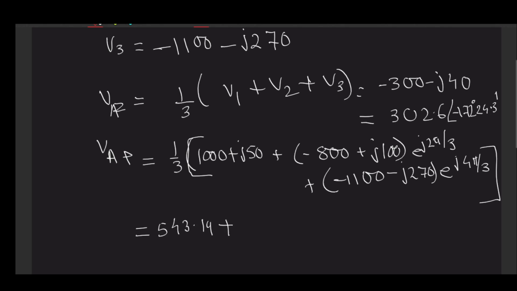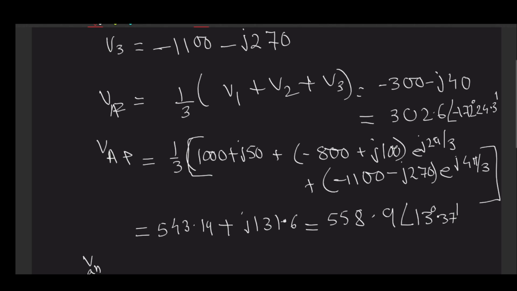So if you solve, you will get 543.19 plus j131.6, that is 558.9 with an angle of 13 degrees 37 minutes. And similarly you can do VAN.